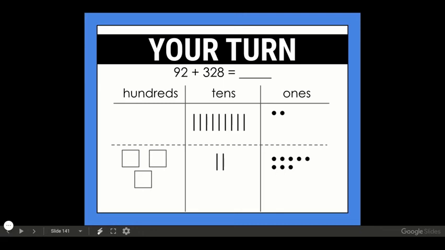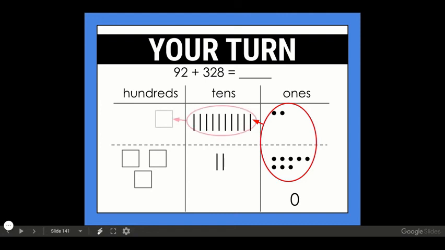When you counted how many total ones you have, you may have realized that you had 10 ones. So you took your 10 ones and you regrouped to make one more 10. So then you are left with 0 ones. Next, you counted all of your 10s and you found out you have 12 10s.